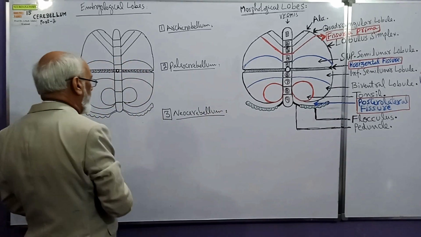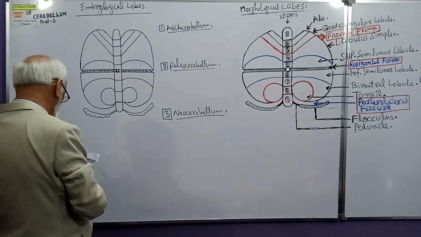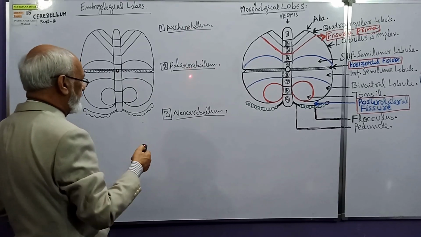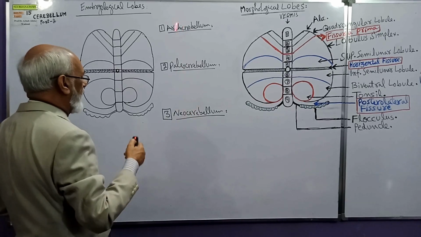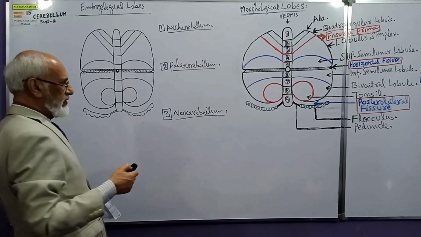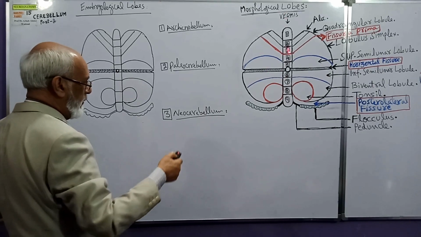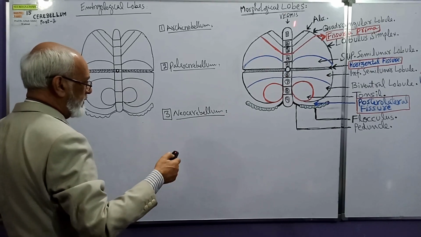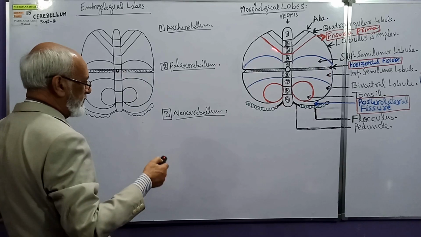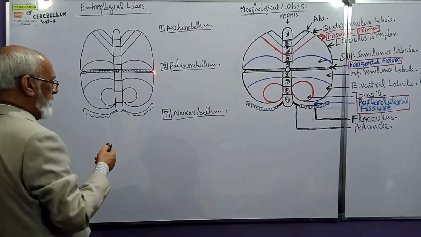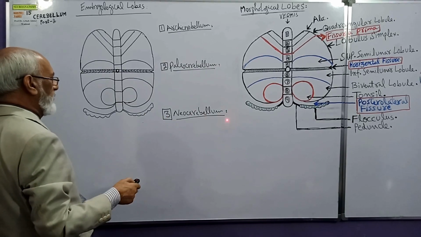Now, what are the different lobes and lobules included in these three embryological types of lobes of the cerebellum? The same lobules of the vermis and cerebellar hemisphere will be divided into archicerebellum, paleocerebellum, and neocerebellum.